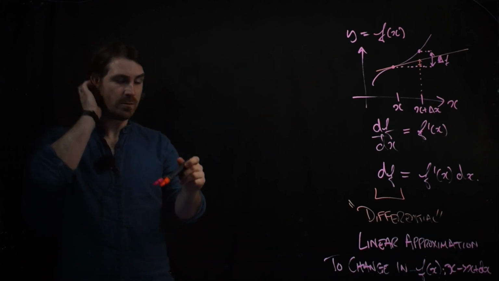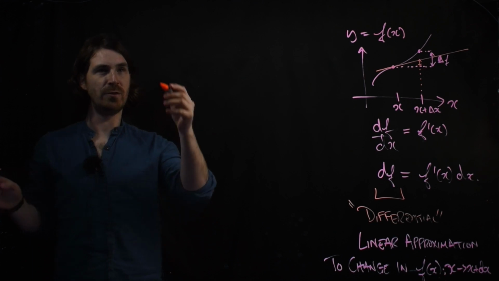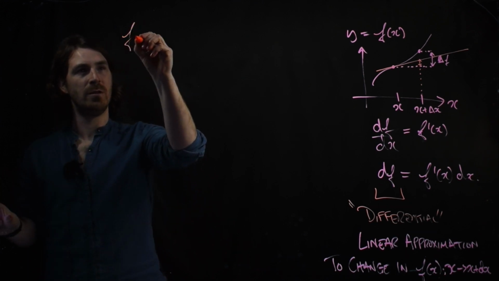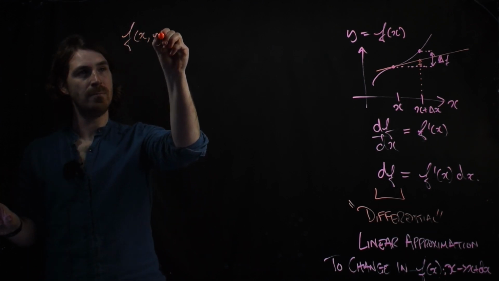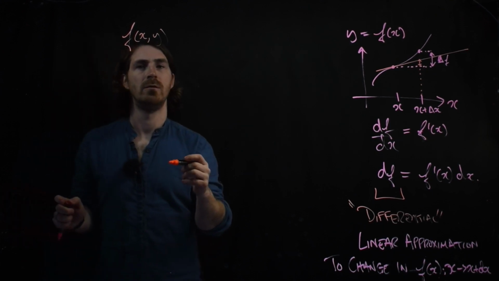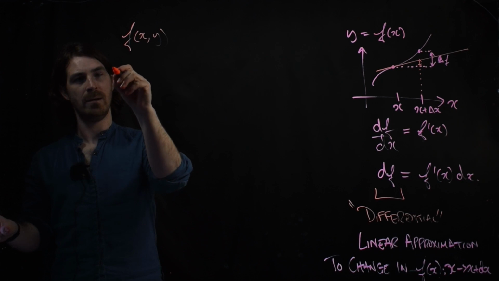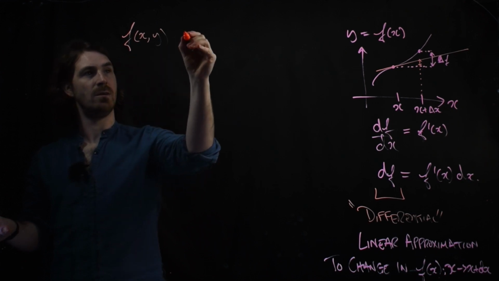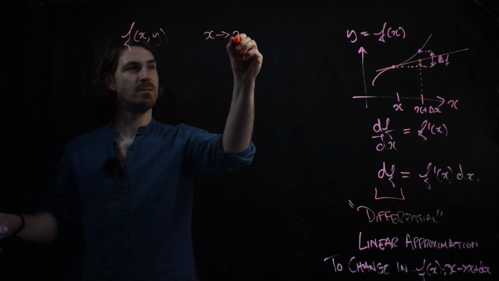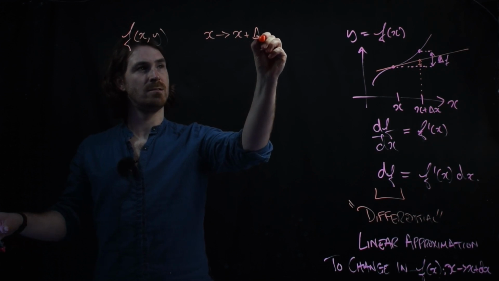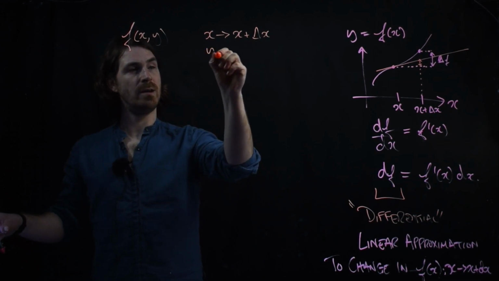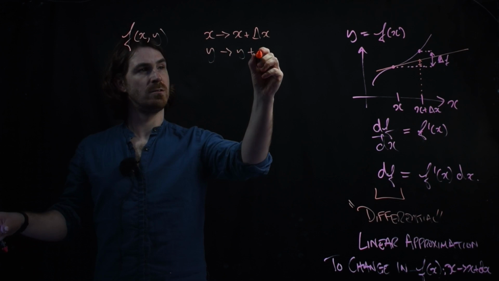So now we can think about functions of two variables. So let's think about a function that depends on x and y, and let's think about the change in the function as we change x to x plus delta x, and y to y plus delta y.